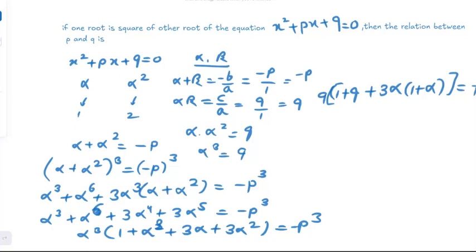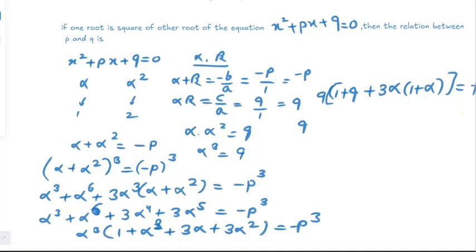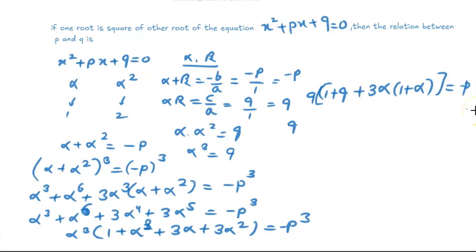If we want the relation between p and q, what could the relation be? We can write it as q plus q square plus 3q times the bracket alpha plus alpha square, which is minus p, equals minus p whole cube.